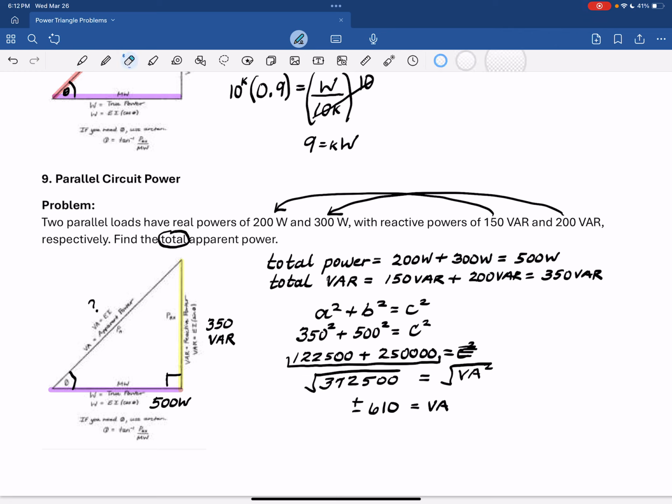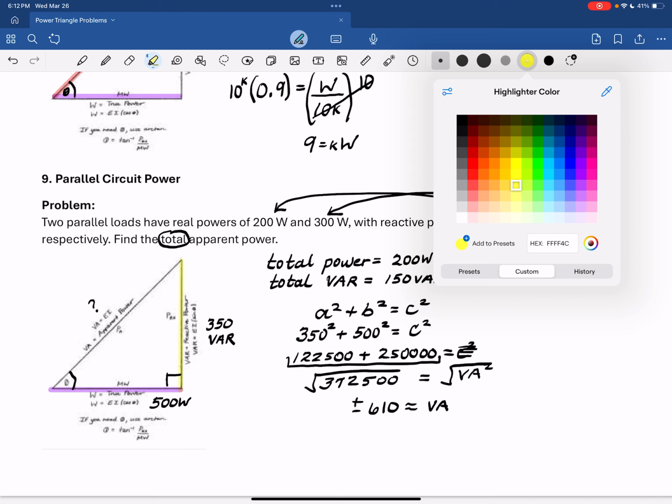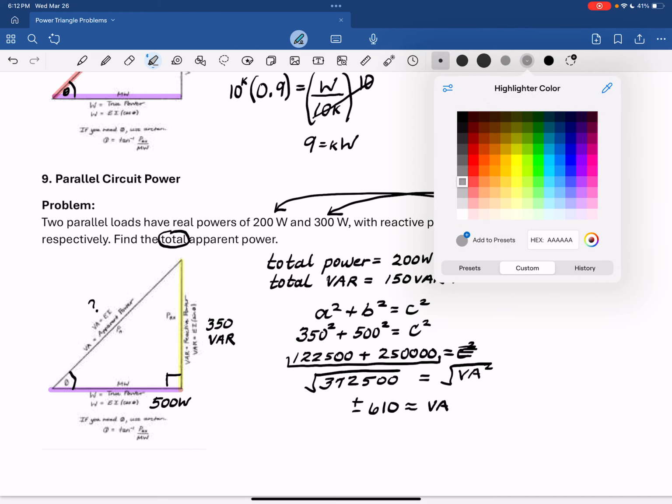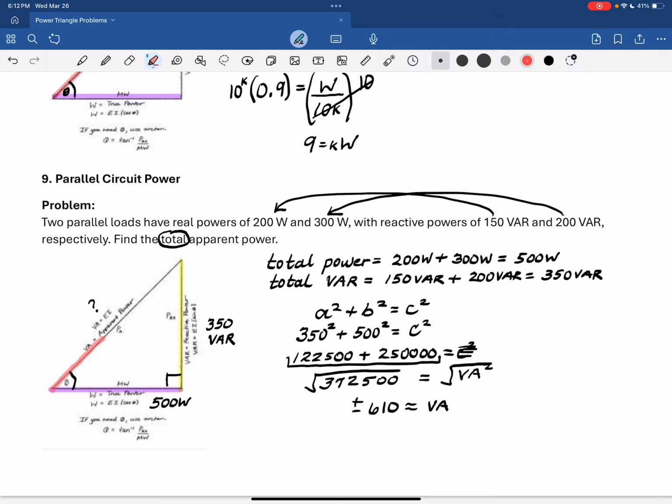That one is rounded, so I need to use the approximation there. So that hypotenuse, by way of the Pythagorean theorem, apparent power is no longer a question mark. It is an answer.